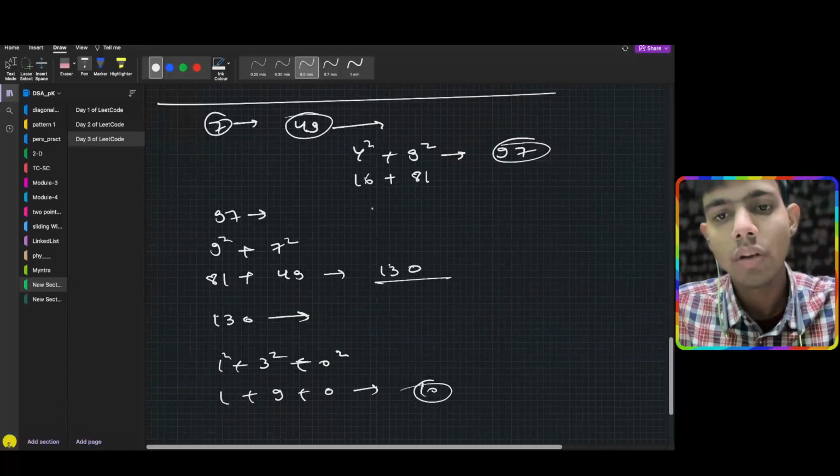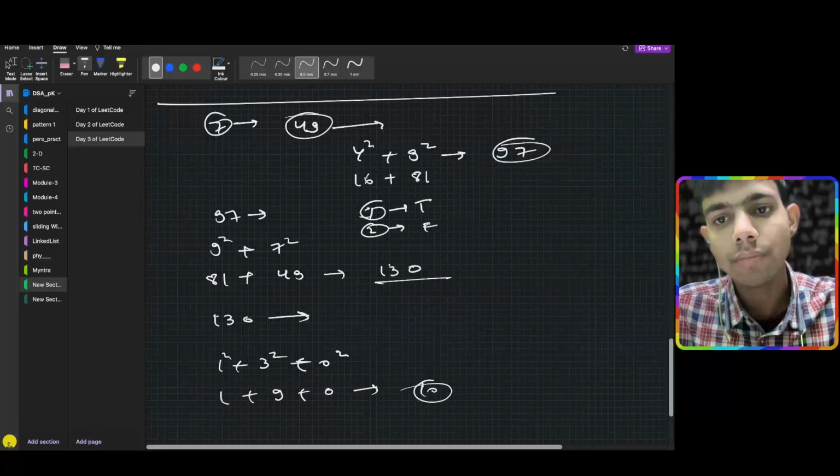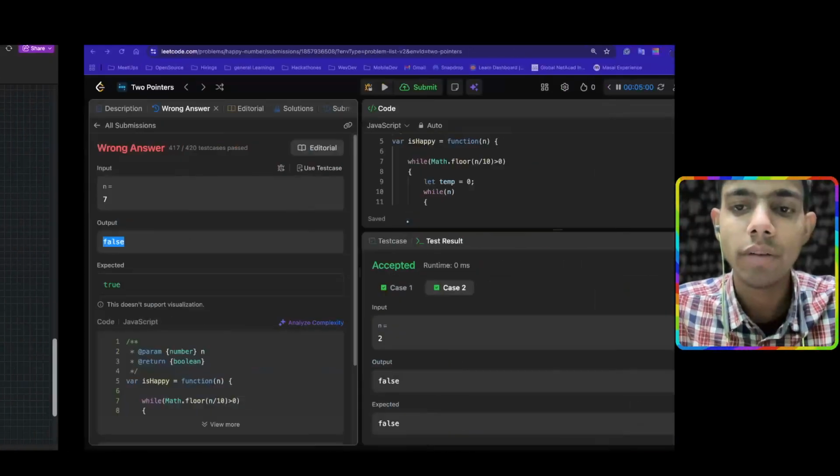So 1 can go true and 2 can go false. For 7 it is coming true, right?